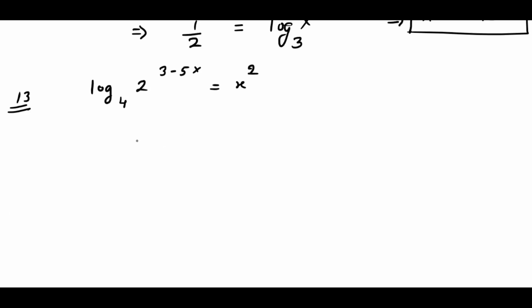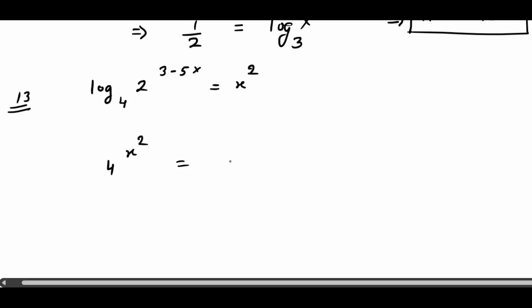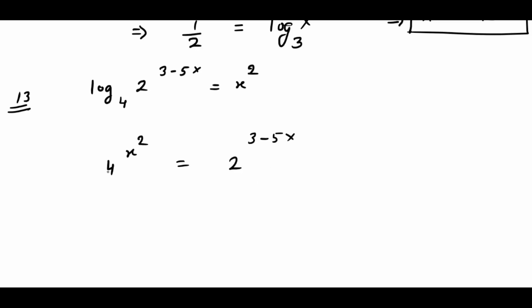What we do here, we will say that this 4 power x square will be equal to 2 power 3 minus 5x. Then this 4 I can write as 2 power 2. So it is 2 power 2, the whole power x square, and here it is 2 power 3 minus 5x.